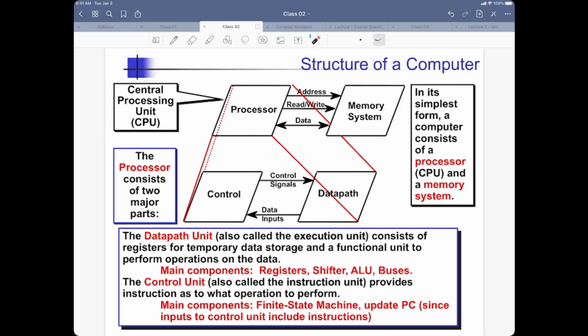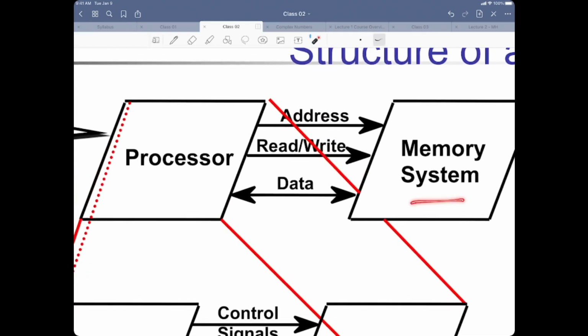So we already talked about the memory system. It's going to have these three things, right? Address. That's the only thing that understands address. And that address could be used for two things. One, I want to read from this address, or I want to write to this address.